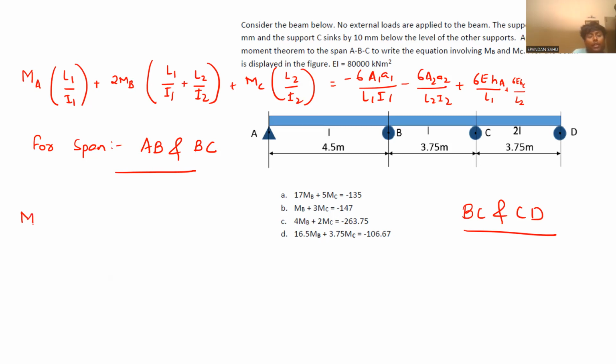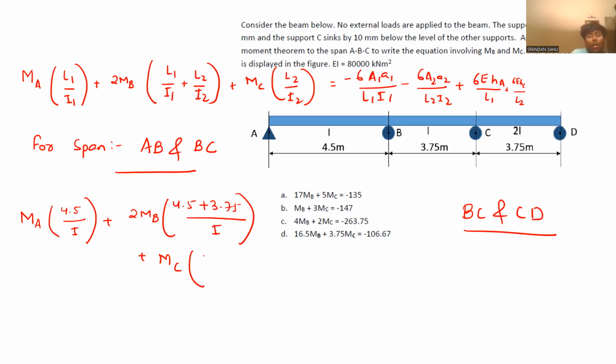Tell me, MA into L1 is 4.5 I. Let us keep it as I. 2 MB into 4.5 plus 3.75 whole I, plus MC 3.75 I. Tell me, this part is L2 and I2, it would be I, MC.